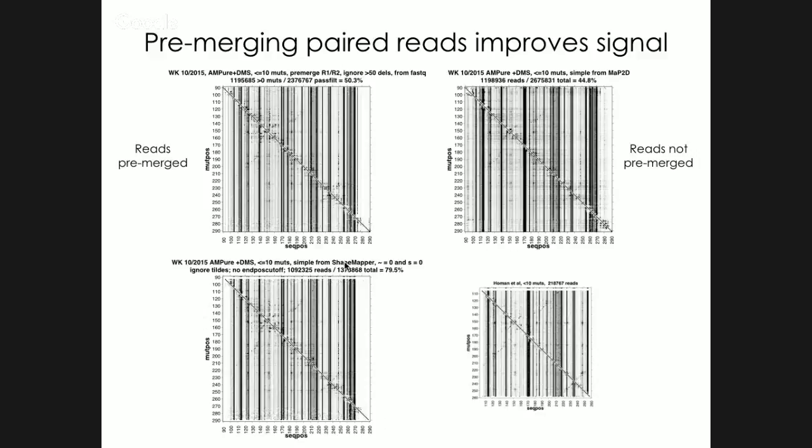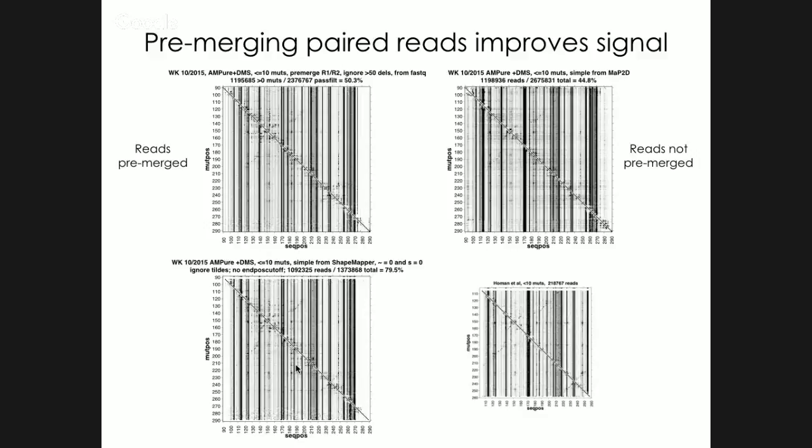And so this data set here is shown with the best settings for my script to convert their mutation strings to simple file. And in comparison with the new pre-merged map2D dataset, it looks actually pretty similar.